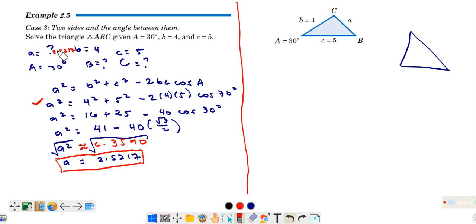Again, okay, hinahanap natin dito ay si angle B. So, gamitin naman natin si B squared is equal to A squared plus C squared minus 2AC cosine opposite which is B. Ayan. Baka magtanong, ma'am, bakit ganon? Meron naman akong B squared. Ba't ito yung gagamitin ko?